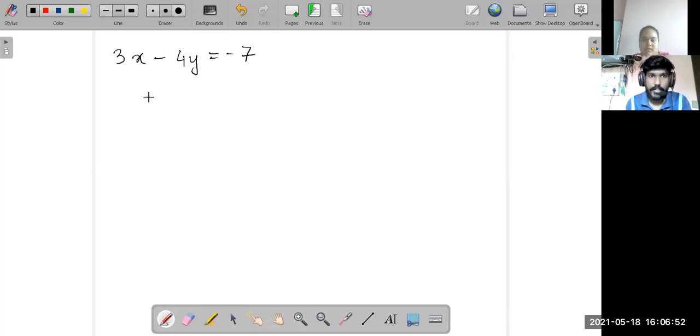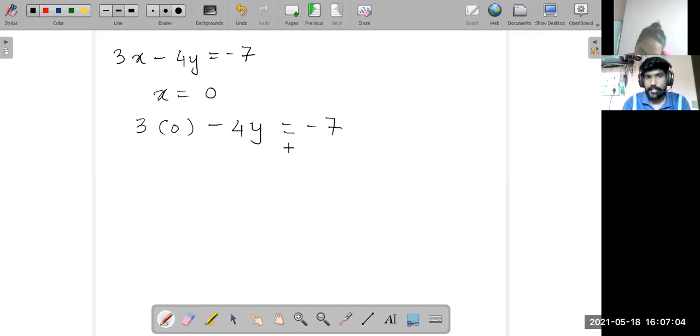Okay, so in this, when you have substituted x is equal to 0, you've got 3 into 0 minus 4 into y is equal to minus 7. So this was correct up to here. Then 3 into 0 is 0 minus 4y is equal to minus 7. And then you took 0 on the other side. So minus 4y is equal to minus 7 plus 0.